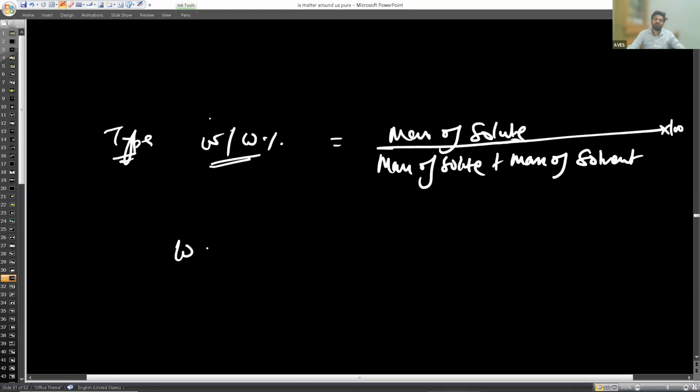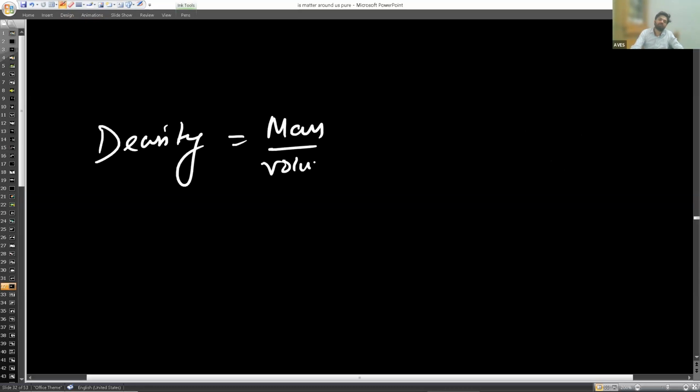Sometimes they ask for mass by volume percentage, and they will give you the mass of solute and mass of solution. Both masses will be given, and they will ask you for mass by volume percentage. So how can you convert mass of solution into volume of solution? There is a relation: density is equal to mass upon volume.